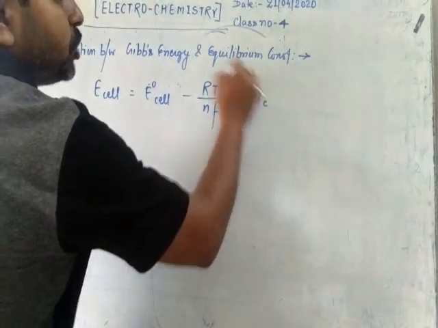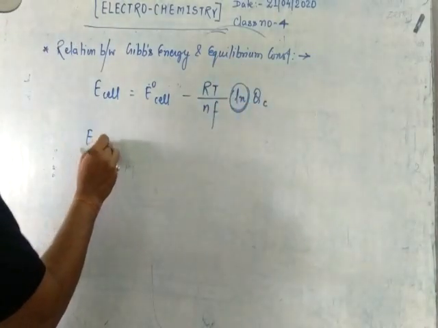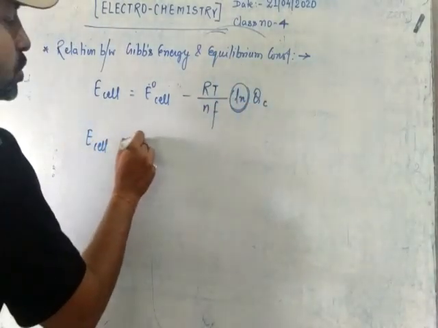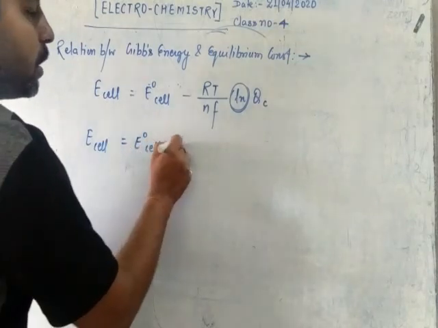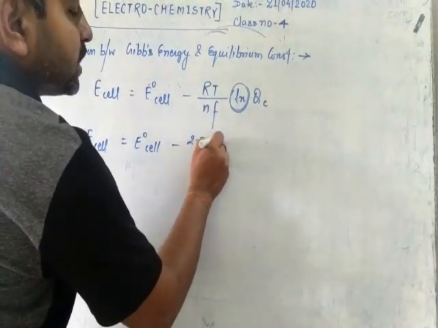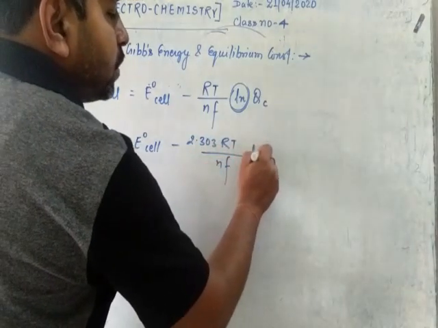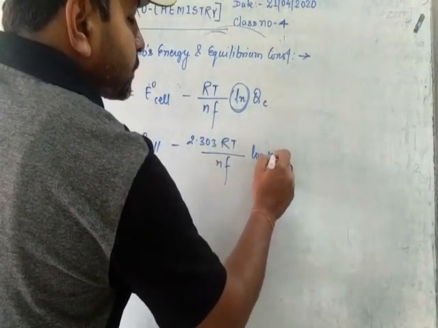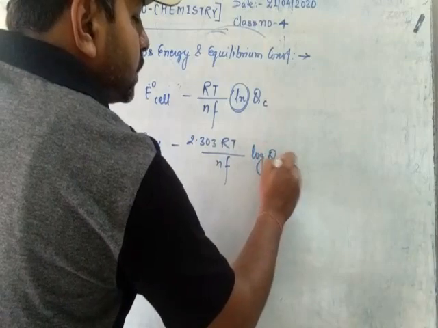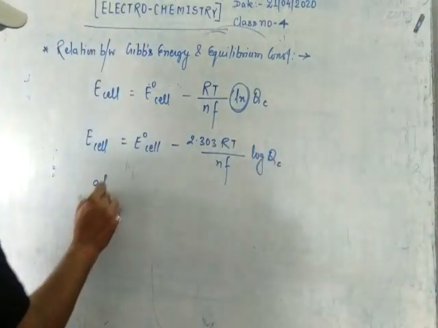Here ln is the natural log. It is also written as E cell equals E0 cell minus 2.303 RT by nF log Qc.